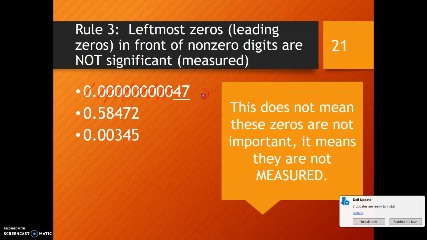So this one would have a total of 2 significant figures. This 0 would not be measured, so we would say that the 5, the 8, the 4, the 7, and the 2 are measured, so that would be a total of 5 significant figures. In this number, the 0, 0, 0 are not measured, but the 3, the 4, and the 5 are considered to be measured, so that one would have 3 significant figures.